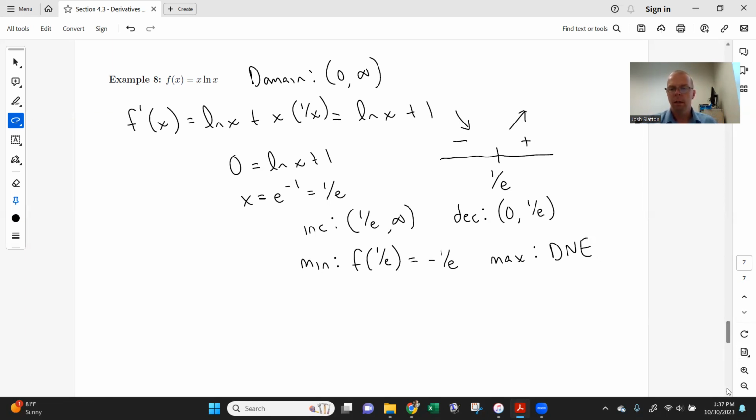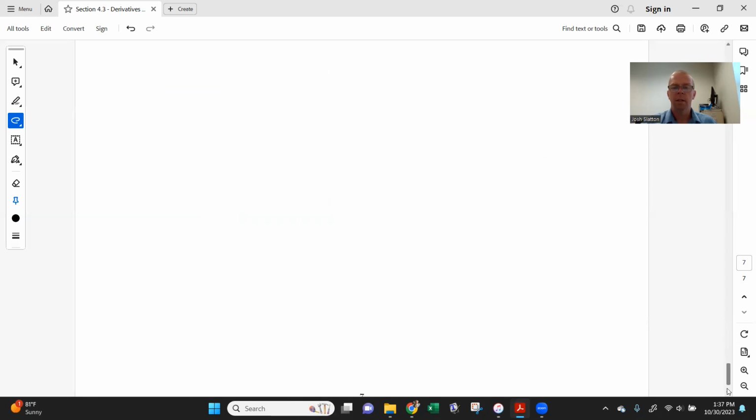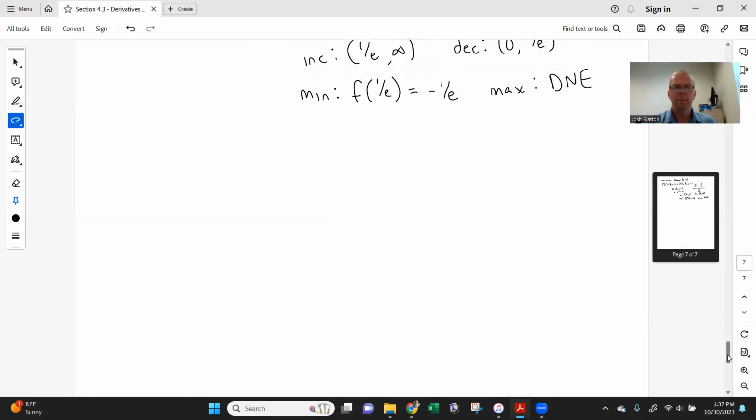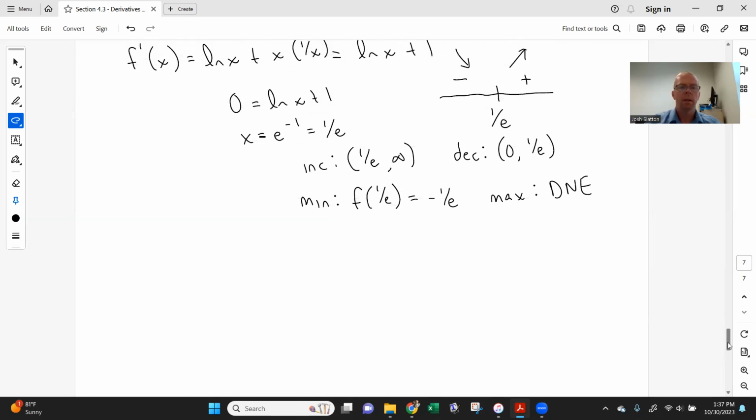All right, then we'll look at the concavity. For f double prime, we're just going to take the derivative of ln of x plus 1, which of course is just 1 over x. Obviously we cannot solve 0 equals 1 over x.